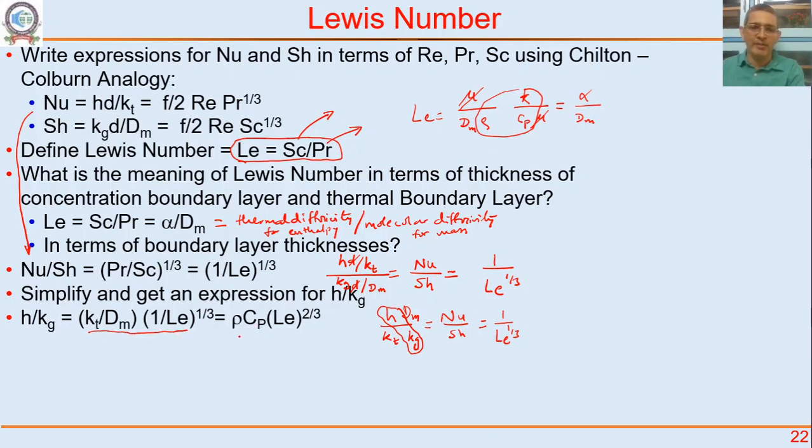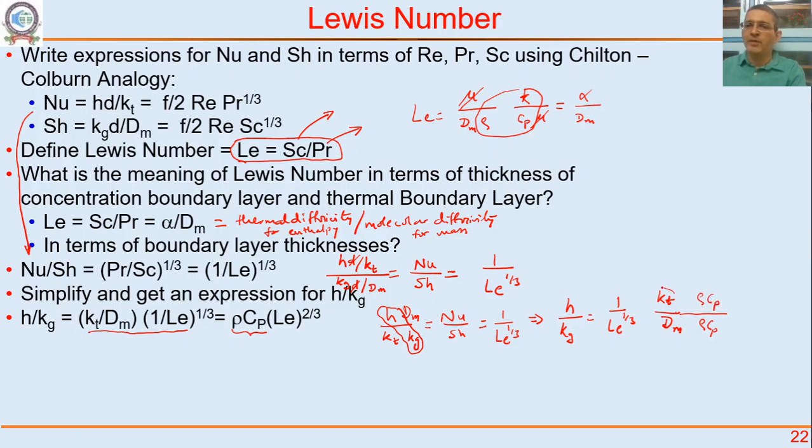I can simplify this a little bit further. Let me just show it to you. This is going to tell us that H by kg is 1 by Lewis number raised to 1 by 3 multiplied by thermal conductivity divided by molecular diffusivity. Right? Let me divide by rho Cp and multiply by rho Cp.